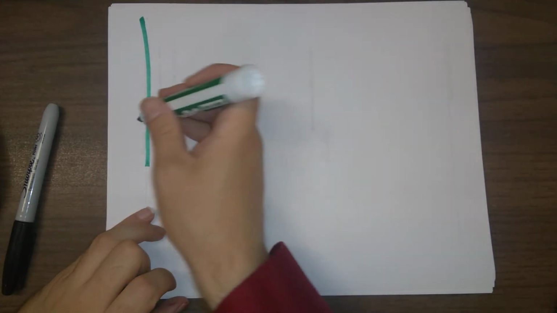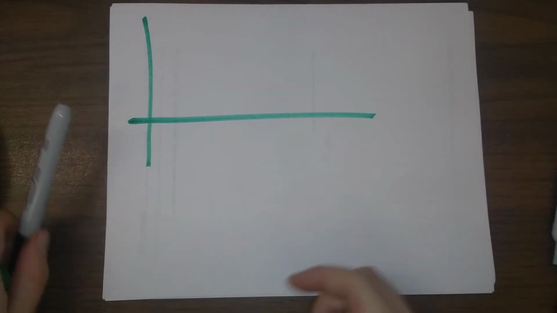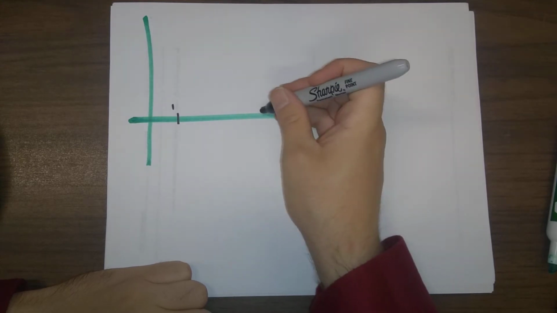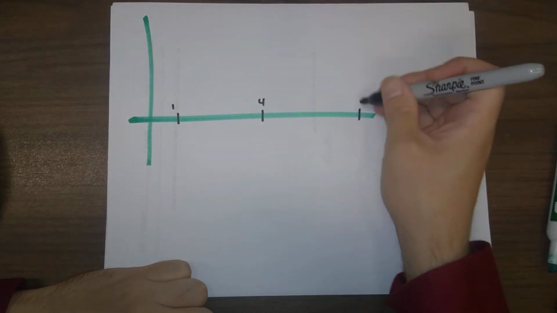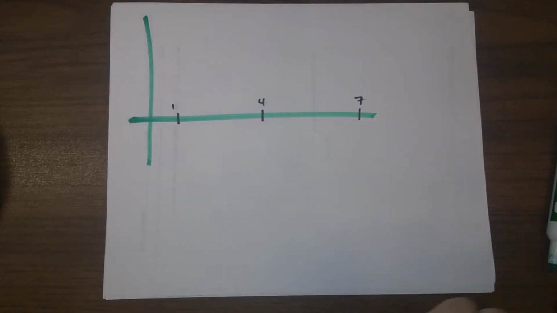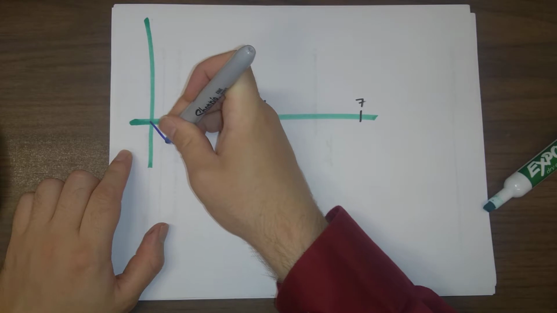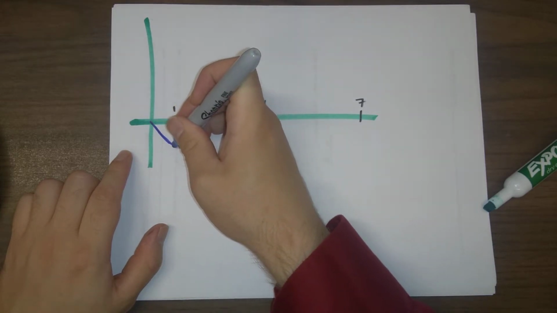So here is a sketch of a function, and I'm going to do my best to mimic what's going on in the picture, again stealing this example straight from the book.